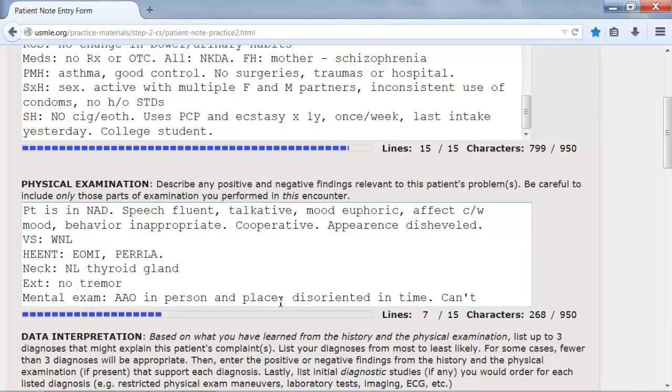And you have to check patient's attention and concentration as well as memory.